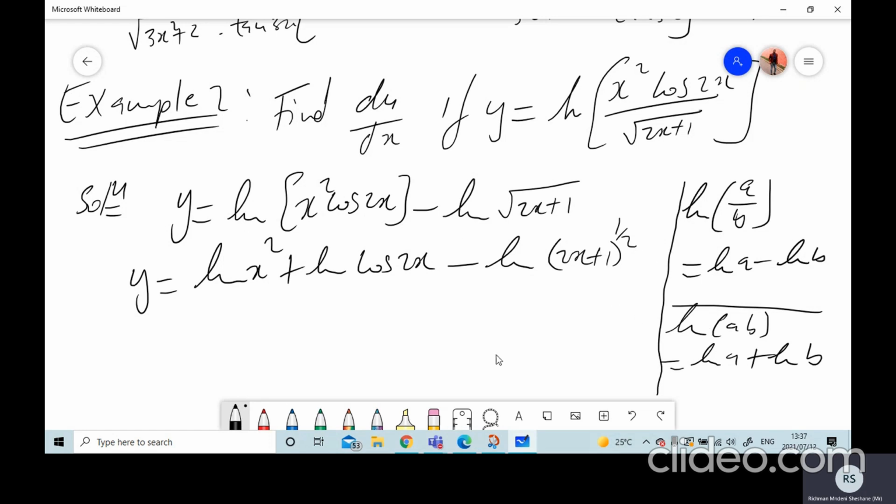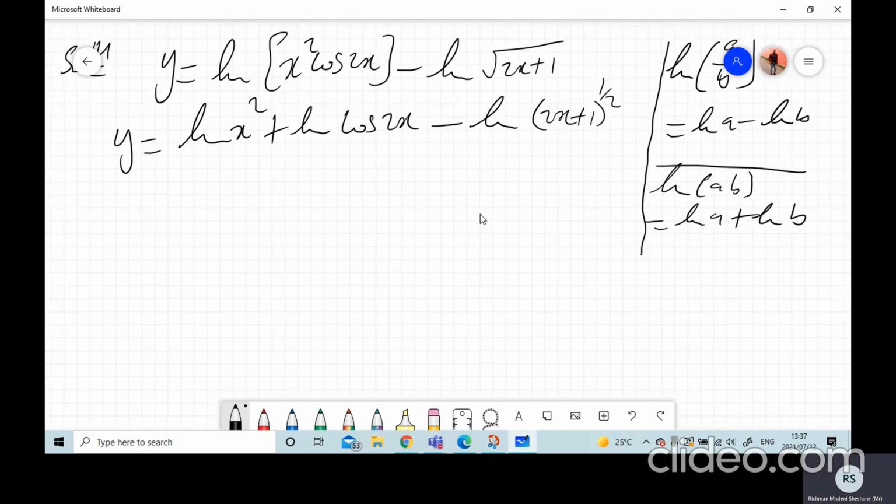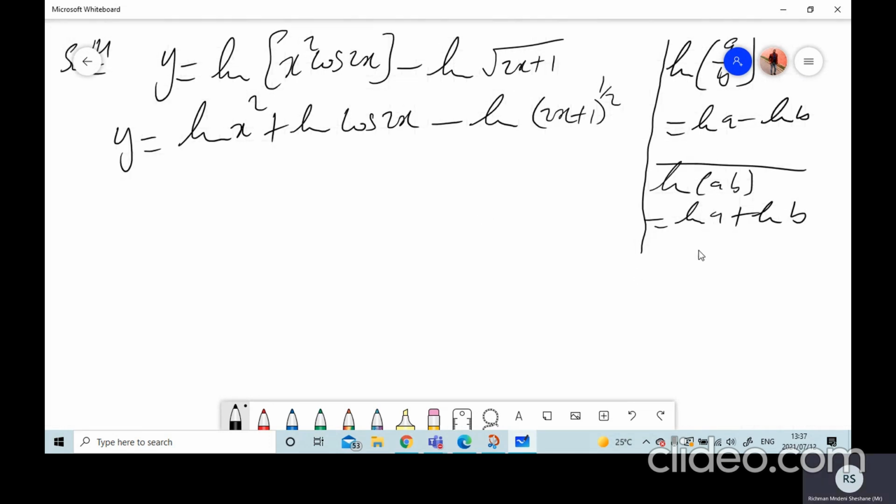Okay, let me apply this property. The last one. The last property is this one. If you have ln of a and a is to the power of r, this is equal to r ln of a. So I can treat this as r and take r down here.